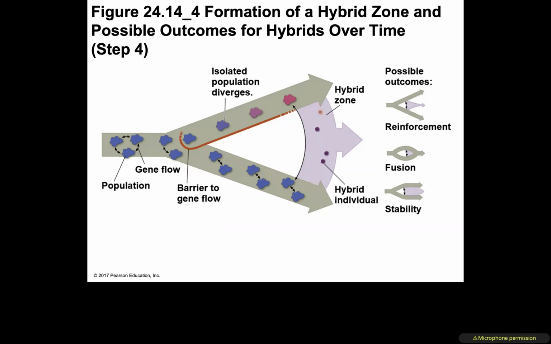This hybrid zone is when individuals from this population, and we're talking way later in time, get together with individuals from this isolated population. So the question is, of these three possible outcomes, reinforcement, fusion, and stability, those are three possibilities if these guys get together. So let's see what those look like.